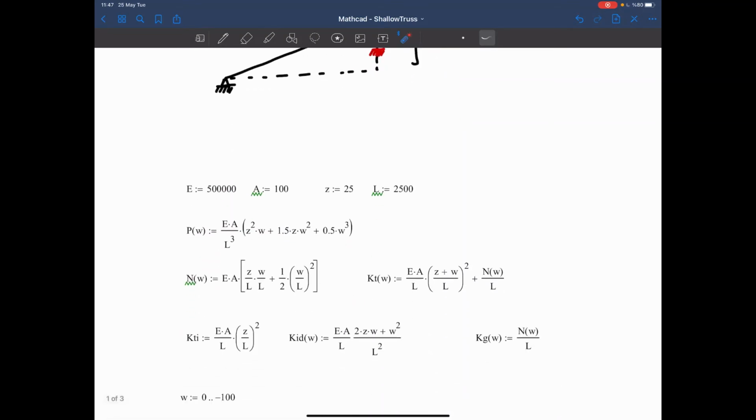Now we already derived this equation. That's the equation for the load deformation curve. This is the expression for the axial force on the truss, and that's the equation for our tangent stiffness. Now, we said that the tangent stiffness has actually three stiffness matrices.